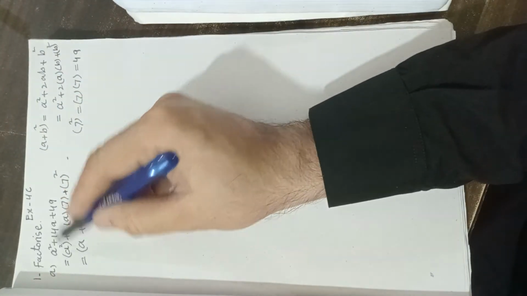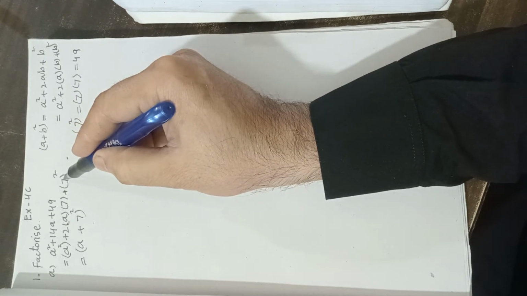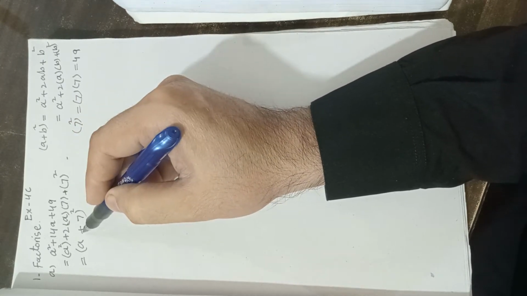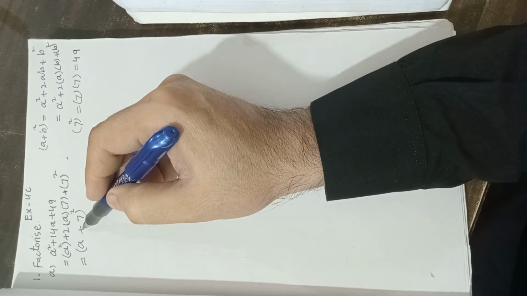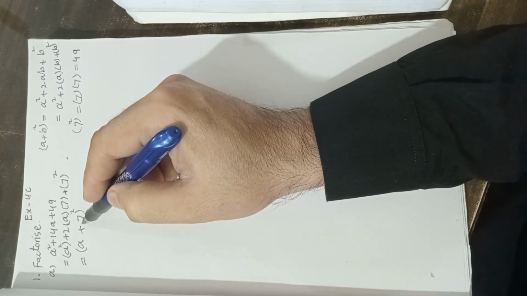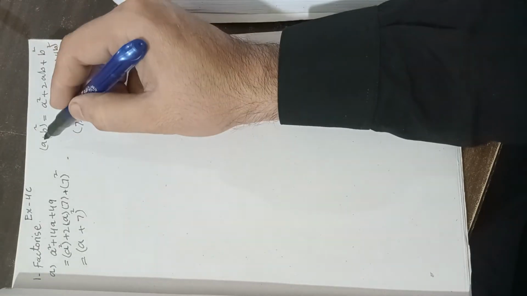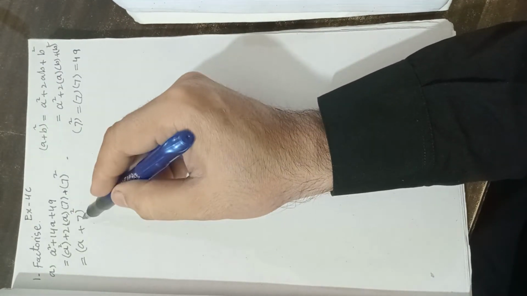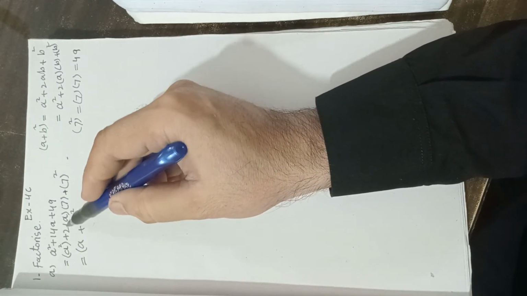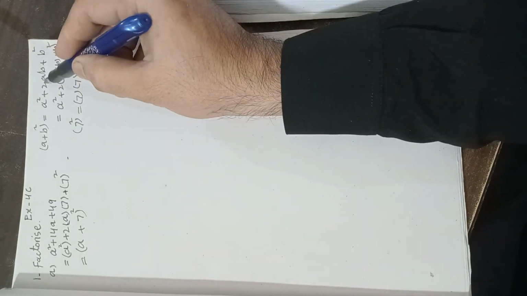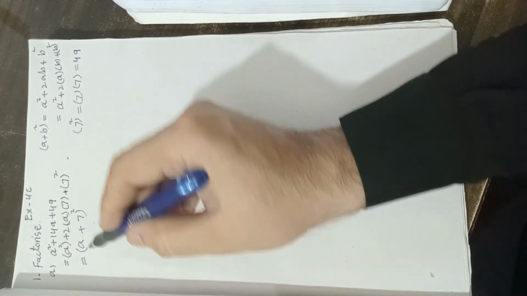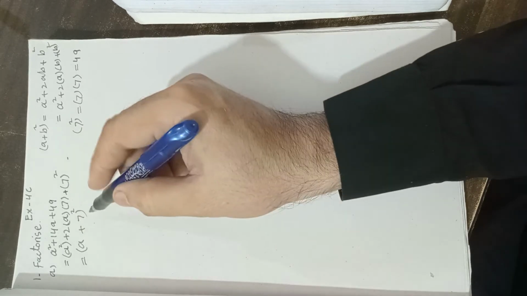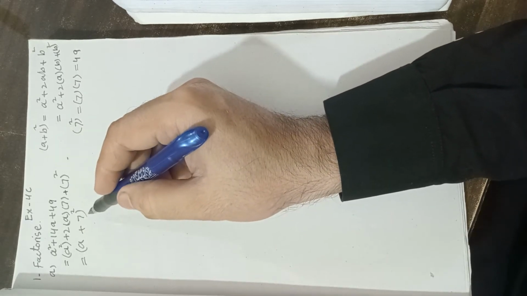So a, this one was plus, this one was b, (a plus b) whole square, and this plus sign is here. So this whole one is enclosed in this bracket, and 2ab has disappeared from here. It is our factorization. This is our answer.